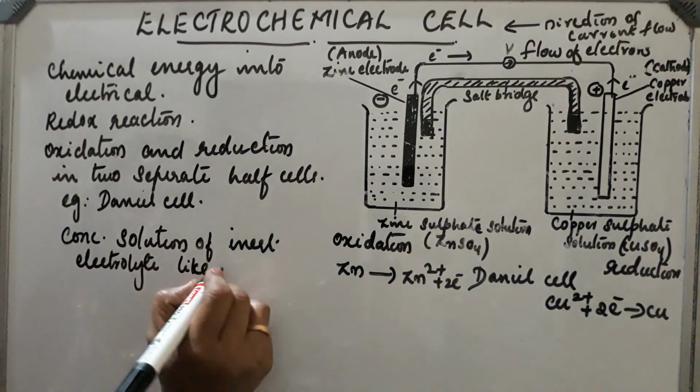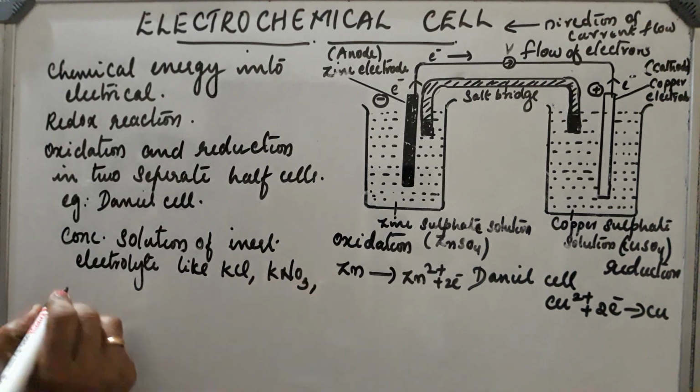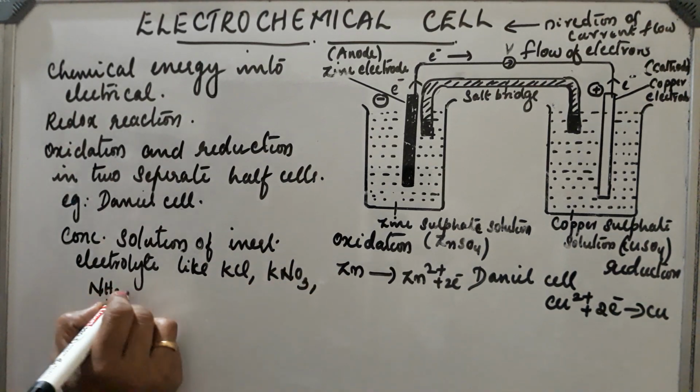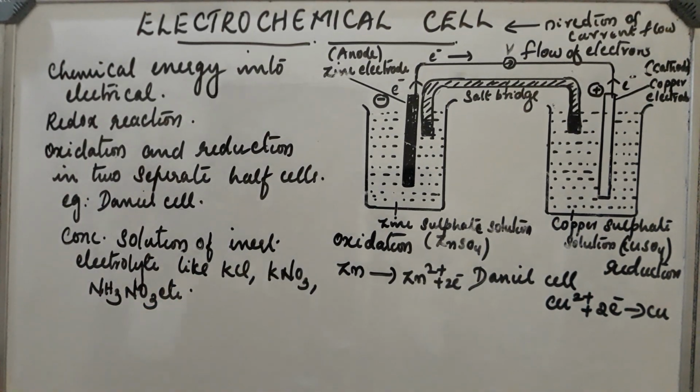Potassium chloride, potassium nitrate, then ammonium nitrate, etc. are used as inert electrolyte. Also, agar or gelatin is dissolved in this hot concentrated solution of inert electrolyte. This is used as the salt bridge.